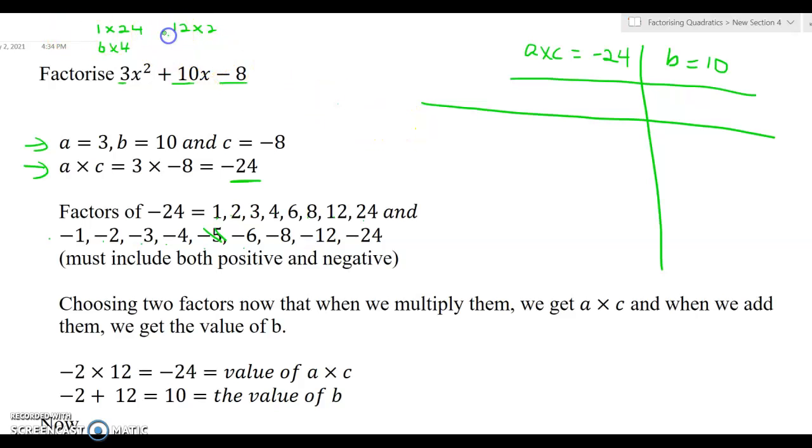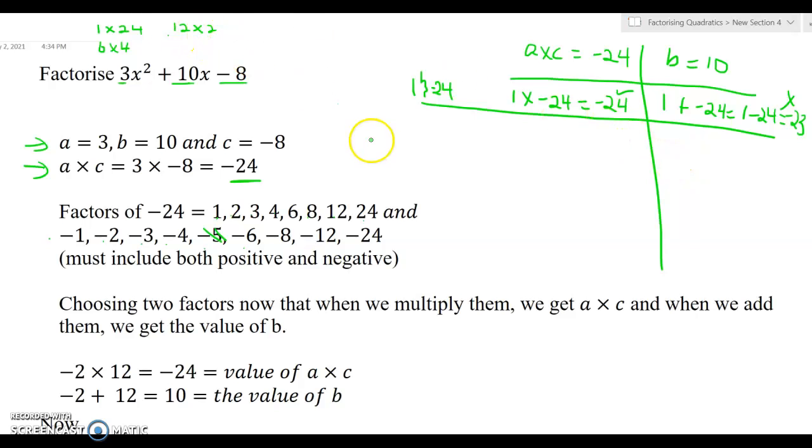So let's use the 12 and the 2, or we could use the 1 and the 24. One number has to be negative, because we want to get negative 24. So let's choose the negative 24. 1 times negative 24 is negative 24. That works. But 1 minus 24 gives us minus 23. That does not work. We want positive 10.